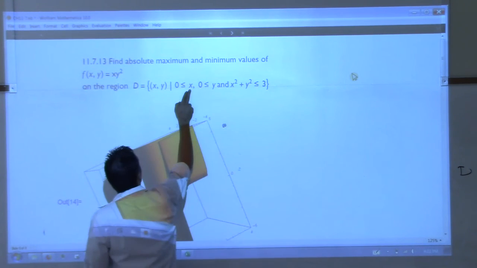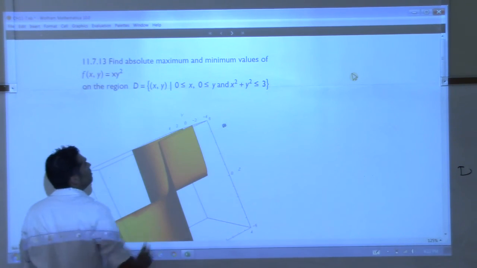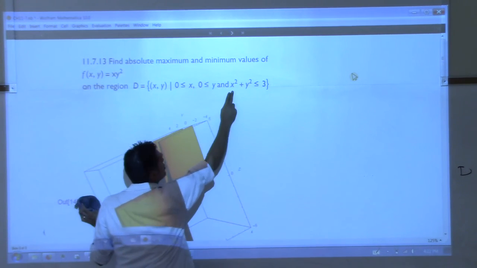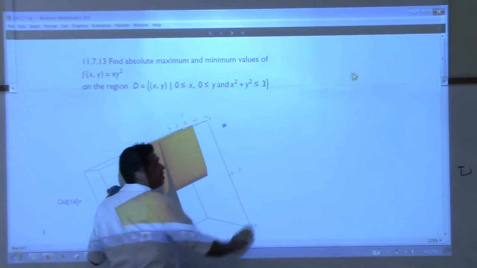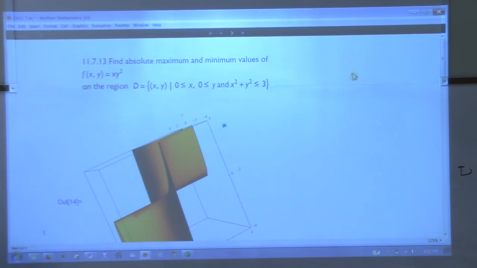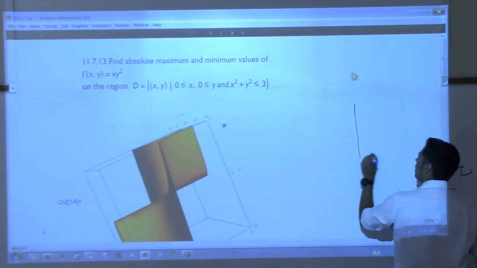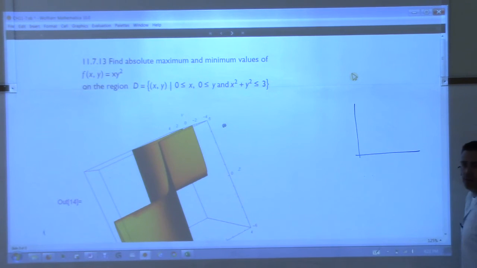That's a weird way to write it, but that means x is bigger than 0, and y is bigger than 0, and x squared plus y squared is less than or equal to 3. Wouldn't it just mean that x goes from 0 to the square root of 3? So we have to be in the first quadrant, right?